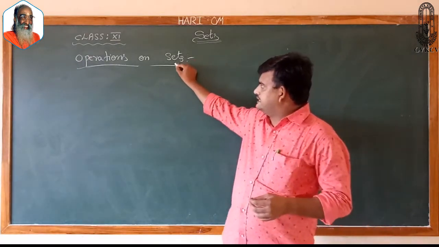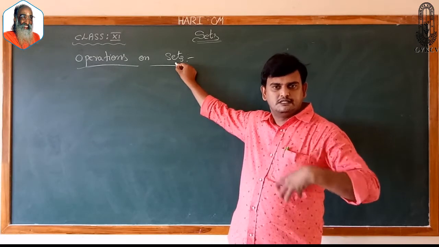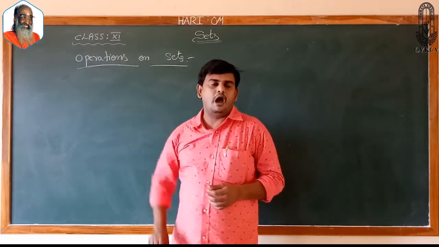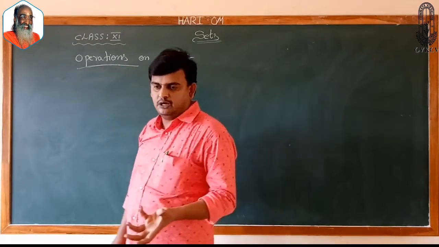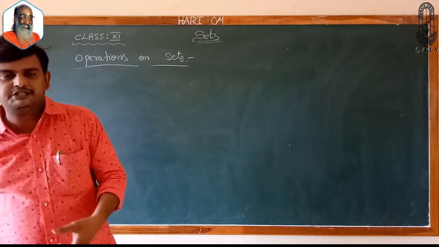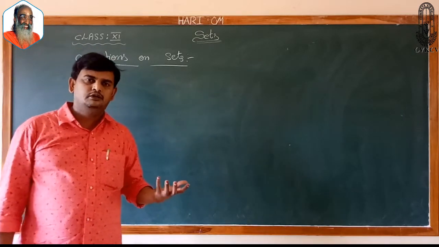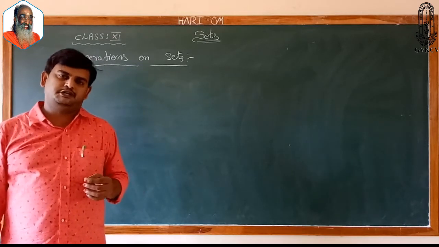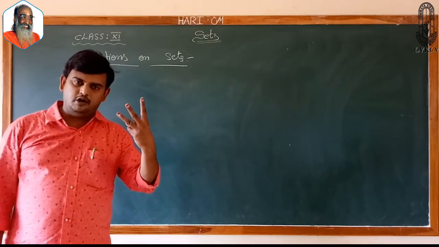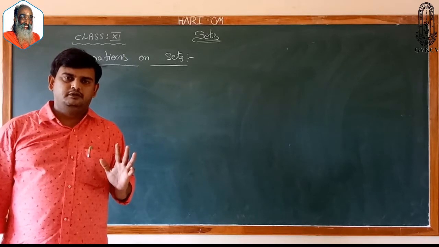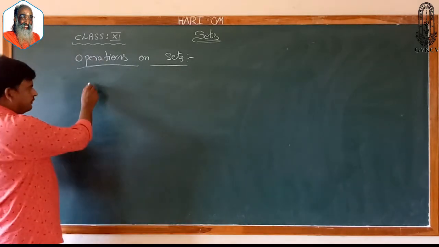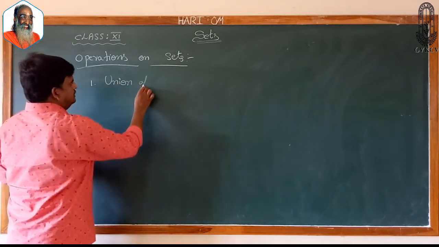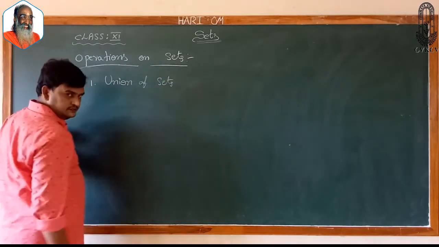Now, sets. Our present concept is sets. On sets, which type of operations do we have? Do we have addition, subtraction, multiplication, division on sets? No, not like that. We have a different kind of operations. In total, we have 3 major operations. What are they? The first operation is union of sets.